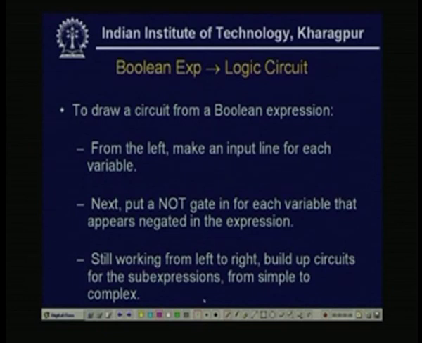See, first we take one example. A and B are two Boolean variables, that means A and B can take values 0 or 1.